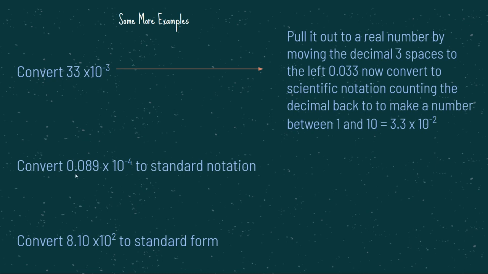If I look at this number here, again, someone made a mistake. This is not a number between 1 and 10. This is a number less than 1. So you're going to want to pull it out into standard notation. This is not correct. This right here is standard notation, what I did earlier. So let's fix this and then just leave it in standard notation because that's what it's asking.